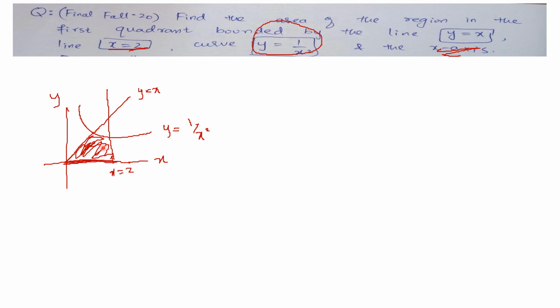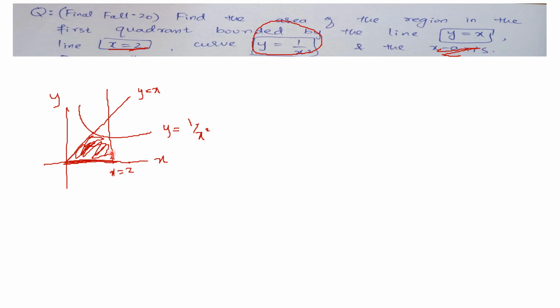If you look at this region, we have two different curves that bound the region from above. One starts from x equals 0 up to this point, and from this point onwards the upper bound is changing, and the upper bound in this case is y equals 1 over x squared. So our total area is divided into two regions, one from 0 to this part, and the next from this part onwards up to the line x equals 2.